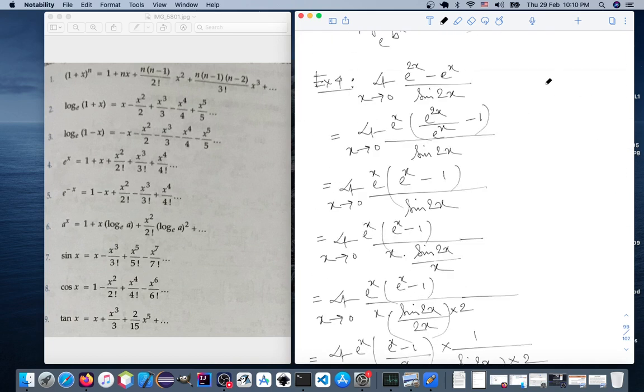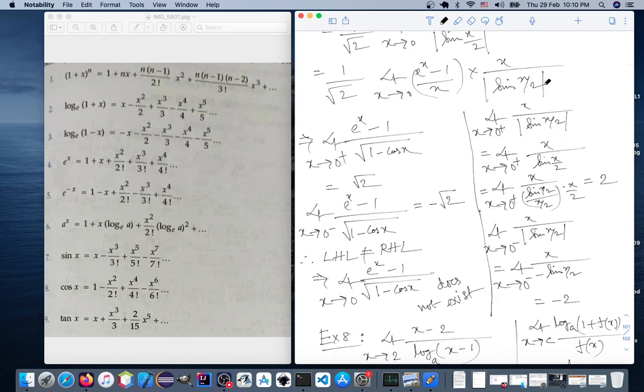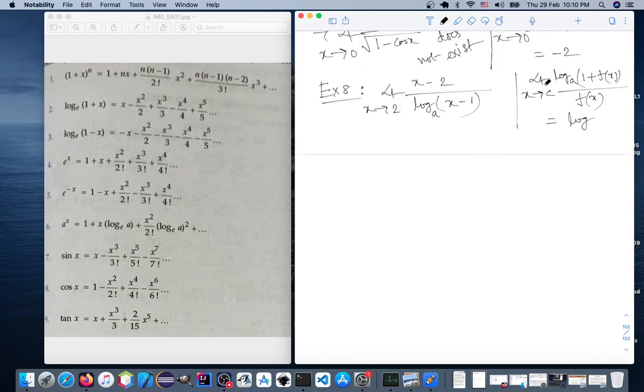So log a e, we know this is log a e if we have limit x tends to c, f(x) is coming out to be 0. Over here we can see that we have x minus 1.